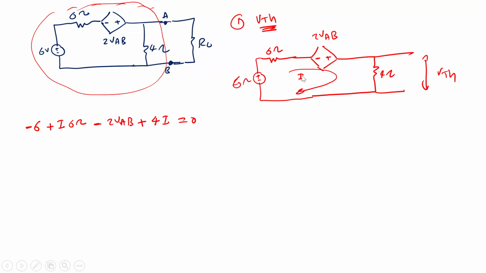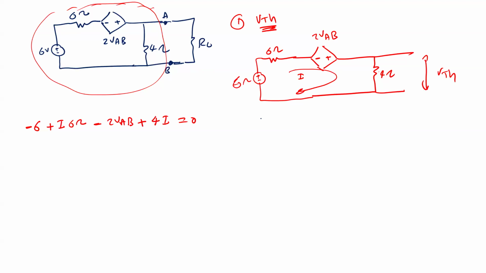I just applied Kirchhoff voltage law here. But now the problem: you cannot solve it because you have 2 unknowns, VAB and I. Can anyone tell me what I should do? I can't make mesh or nodal voltage or anything because I have only one loop here.